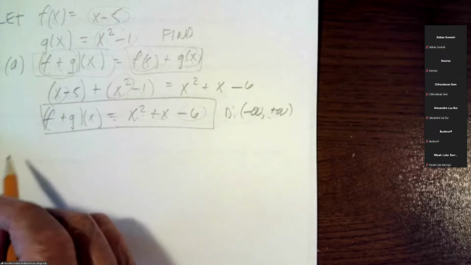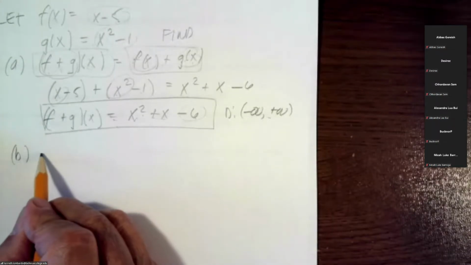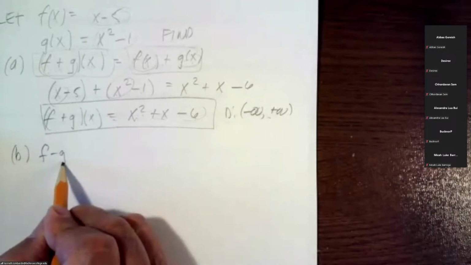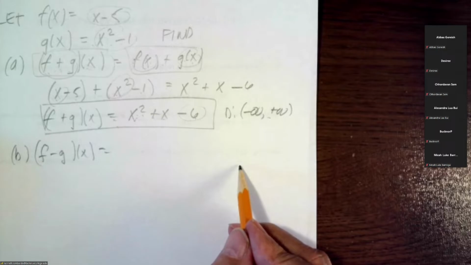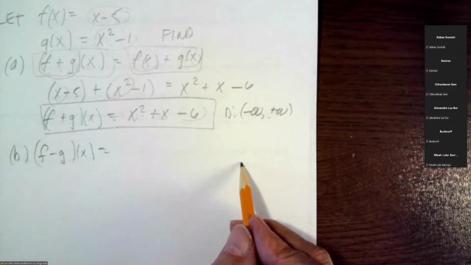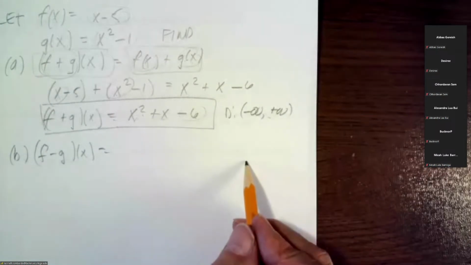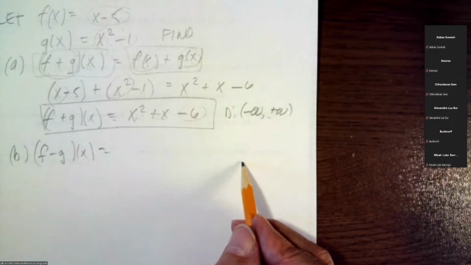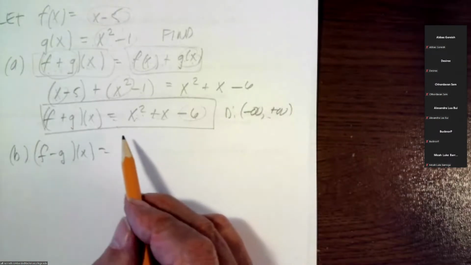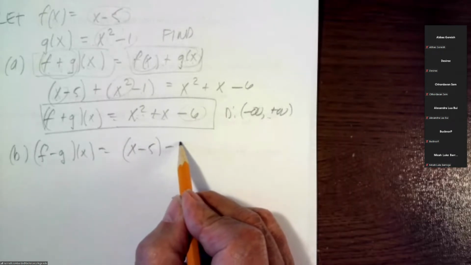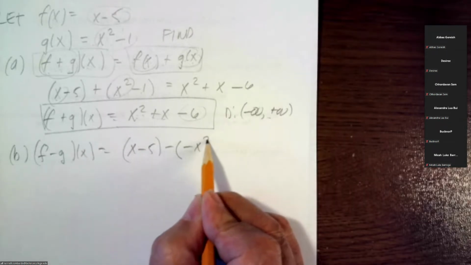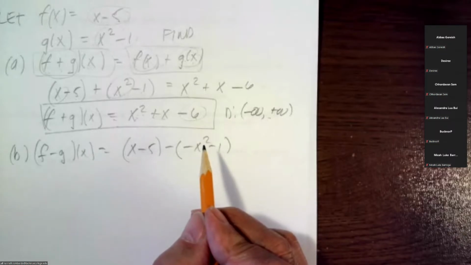Let's say I have f minus g evaluated at x. What is that going to look like? Well, let's see, f minus g, f is x minus 5, minus g, negative x squared, negative 1.